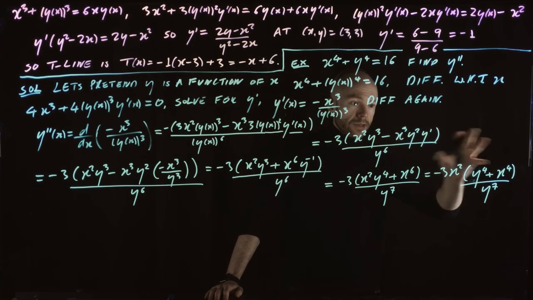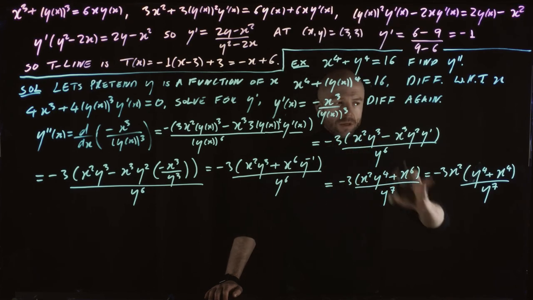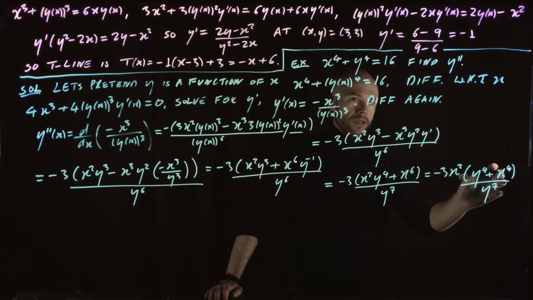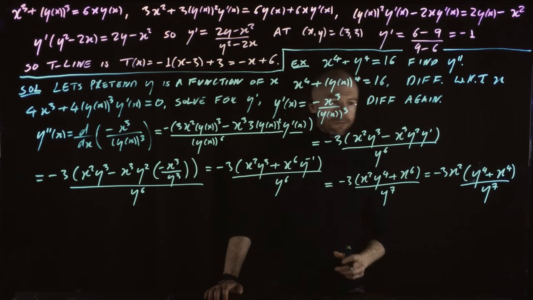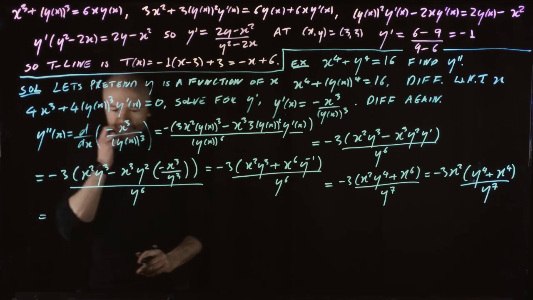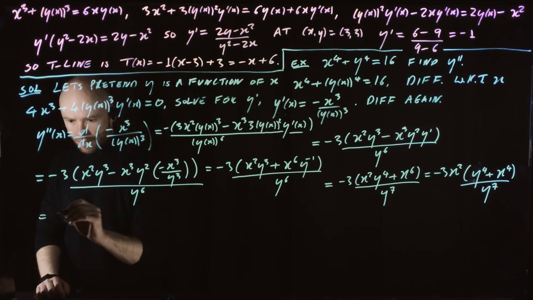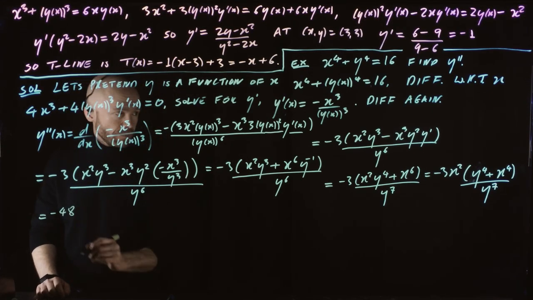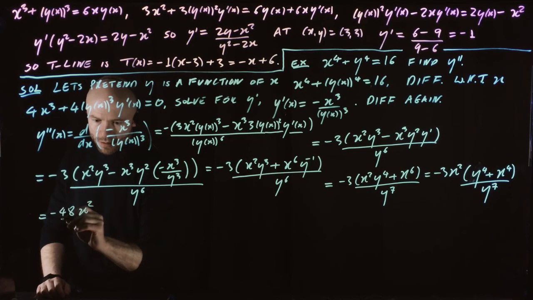So since the x and y we're talking about live on this curve, this particular part of the expression we can just replace by 16. So this thing is minus 3 times 16, which is minus 48 x squared over y to the 7.